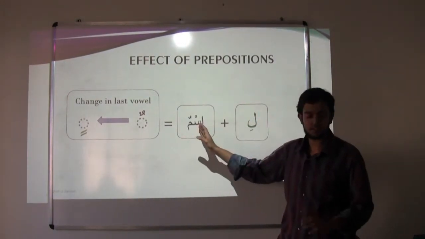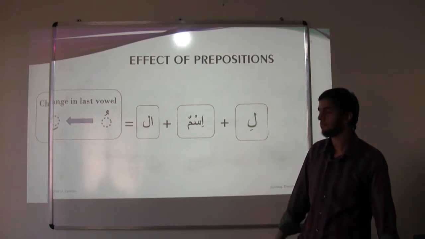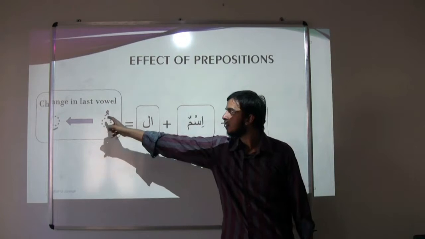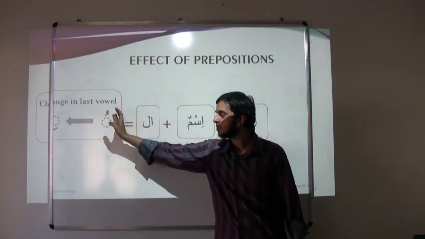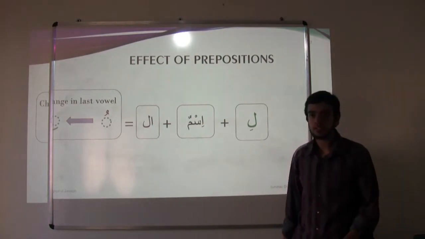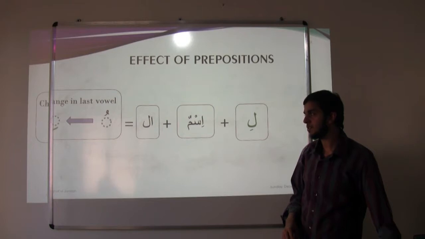Li plus ism in its indefinite state, and then we have this rule. Simple. Li plus ism plus al changes from single dhamma to single kasra. Any doubts?